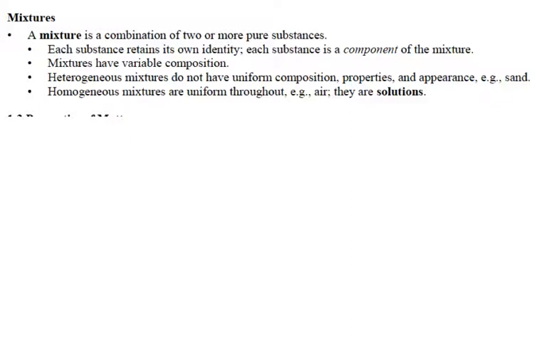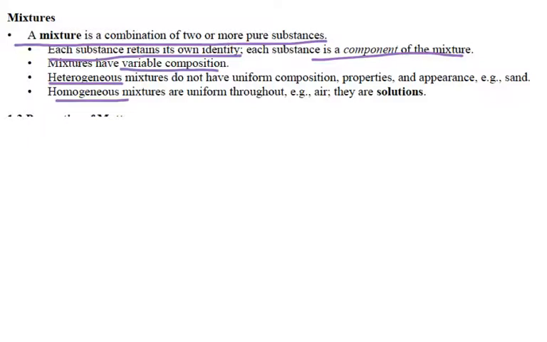Mixtures: a combination of two or more pure substances. And this we talk about as a physical combination, meaning they each retain their own identity. We talk about the components of the mixture. They can have variable composition, and we talk about heterogeneous mixtures and homogeneous mixtures.